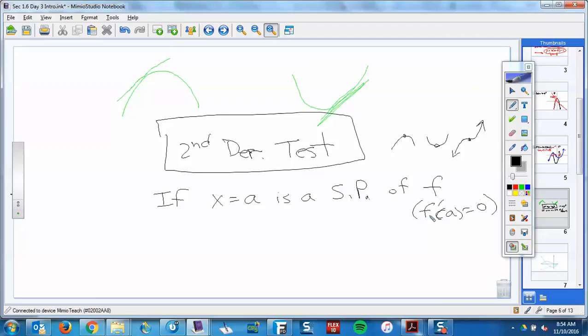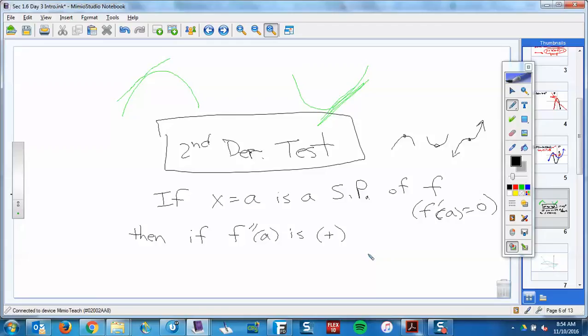So if x equals a is a stationary point of f, then if f double prime of a is positive, what's that tell you? Concave up.